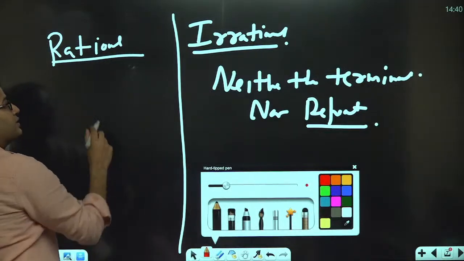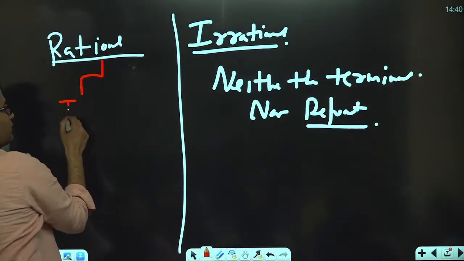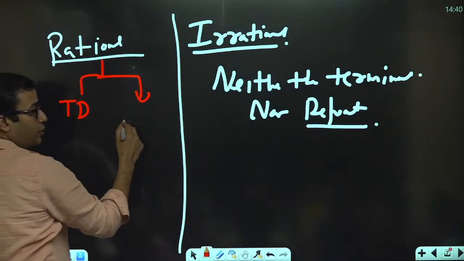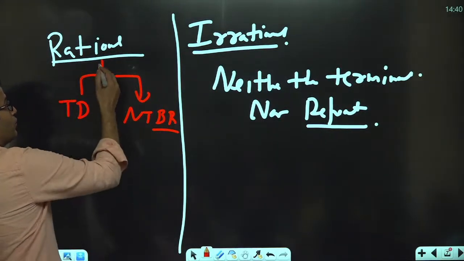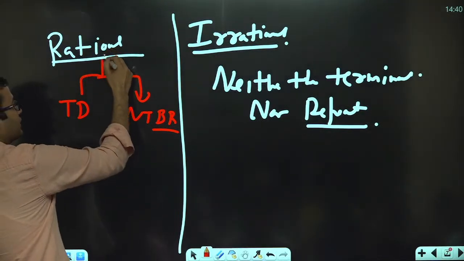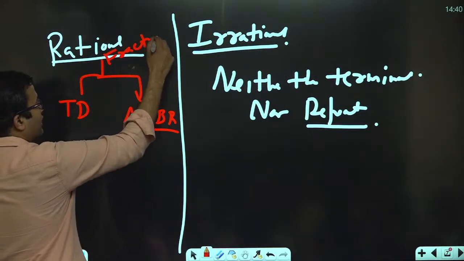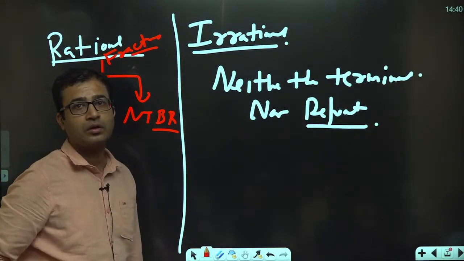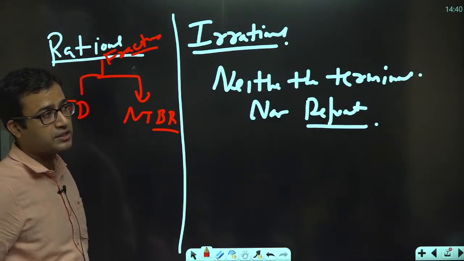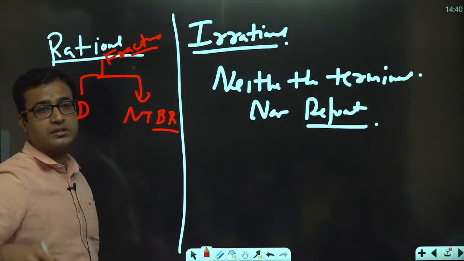Rational में we have decimals, either they terminate, terminating decimal, or non-terminating but repeating. Mainly fractions के अंडर ही पढ़ते हैं. We study under fractions, and fraction is a subset of rational number.